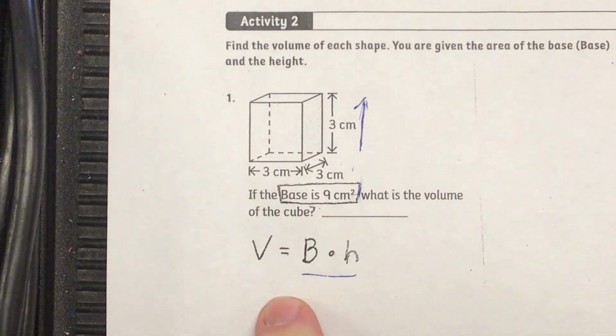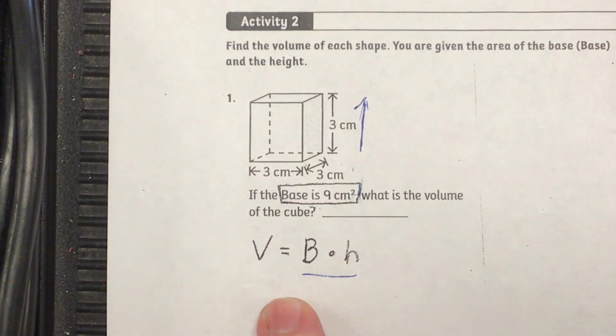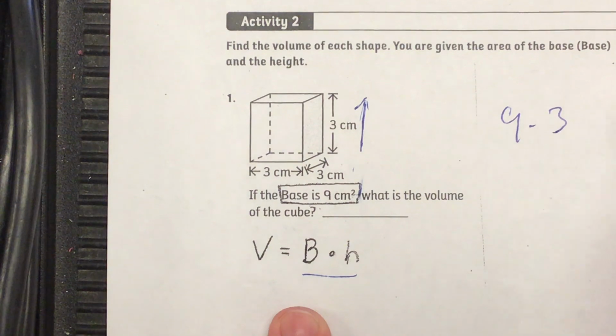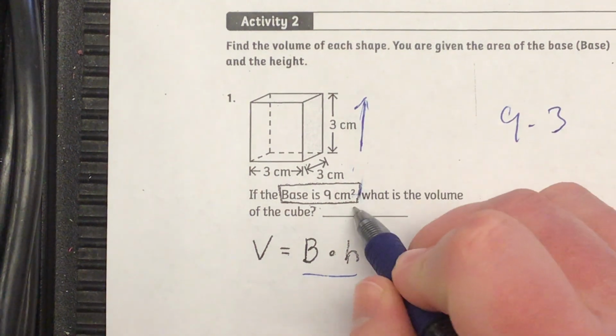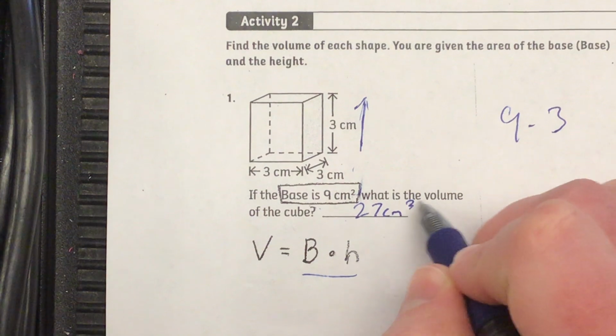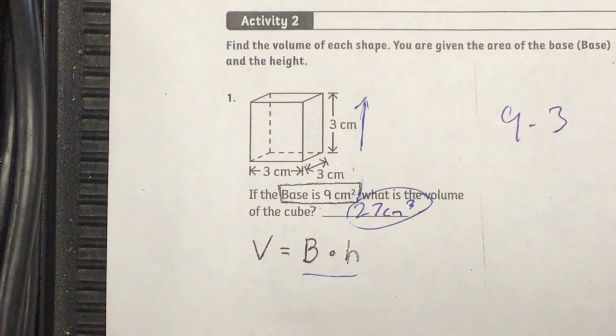We know volume is base times height. So 9 times 3 is 27 centimeters cubed.